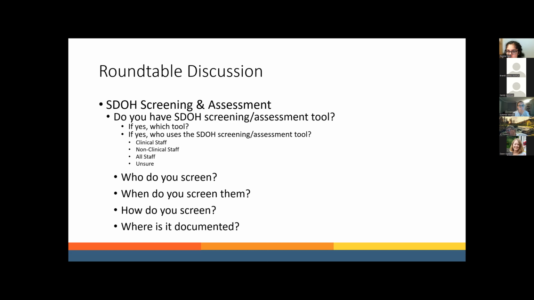For those of you who are screening all patients, looks like we have several folks who have shared that they are. What was the decision process in that, how long have you been screening all your patients on the social determinants, and what platform are you using? Are you using a kiosk or are you using iPads?